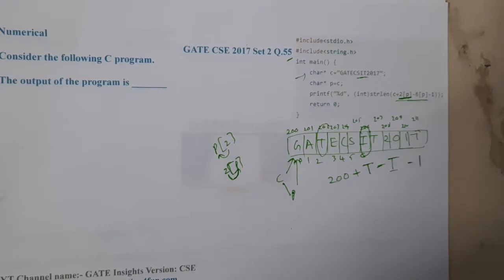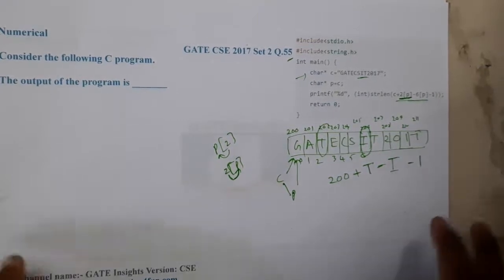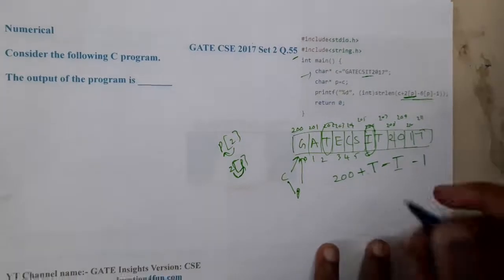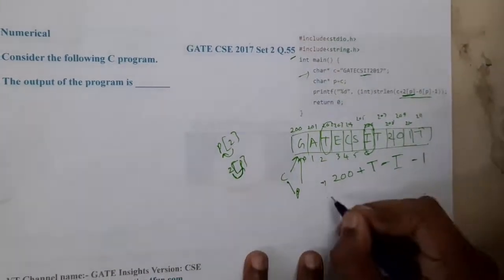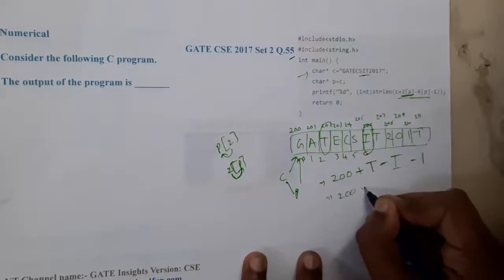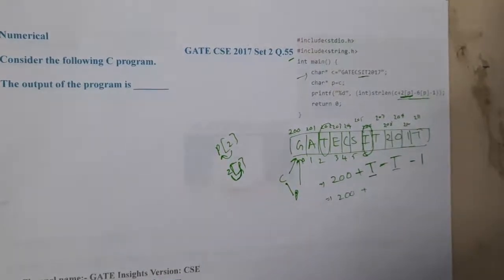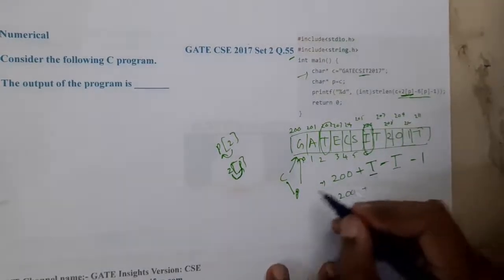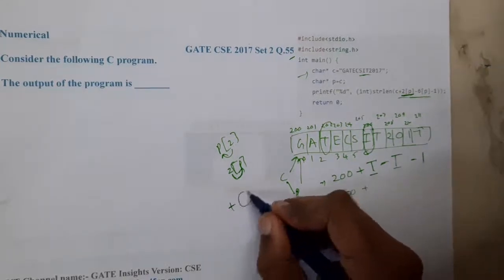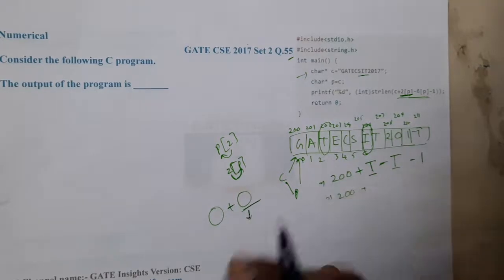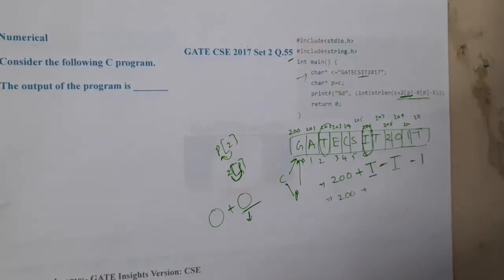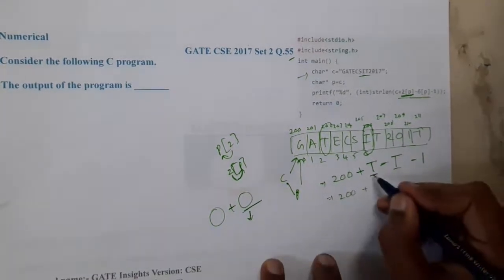Now let us continue. It is nothing but 200 plus the ASCII value of T, guys. Whenever you add a character with a number, you need to convert the character into a number, so we use the ASCII value.